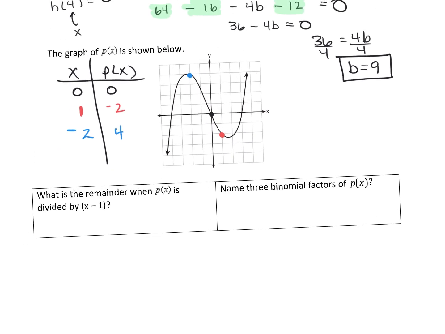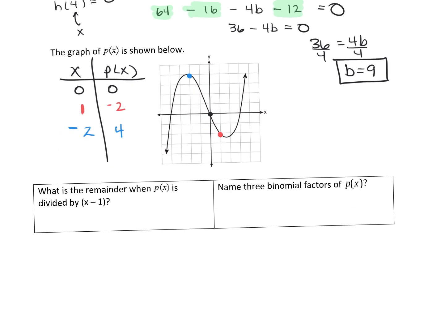So I, of course, can't use synthetic division on this one because I don't know what the polynomial is. And they want to know, what is the remainder if I divide the function by x minus 1? So what would I have to put into the polynomial to figure out the remainder? A +1. And that will tell me the remainder. Well, that's one we actually looked up. What is p of 1?